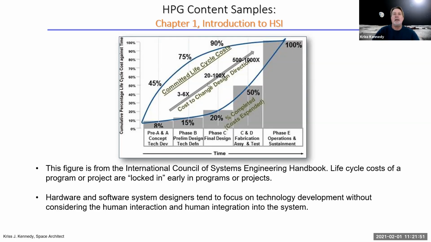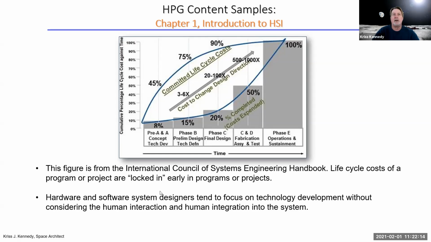So the idea of getting some of this right early on related to human system integration, like systems engineering, is so important: the lifecycle costs of a program or project are locked in early. So it's important to do a really good job up front in your pre-phase A, phase A, and phase B design definition.